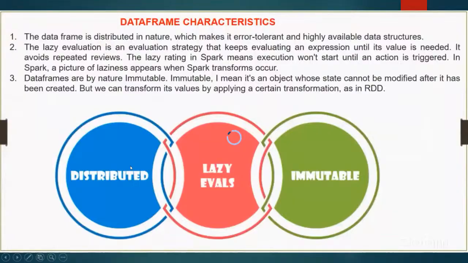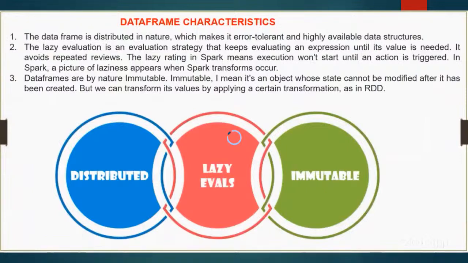So, distributed and lazy evaluation. What is lazy evaluation? All the transformations are lined up and kept in an idle state until an action is triggered on top of them. Only when the action is triggered are all the transformations executed. That is lazy evaluation.